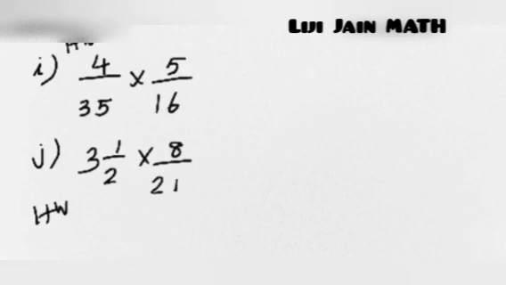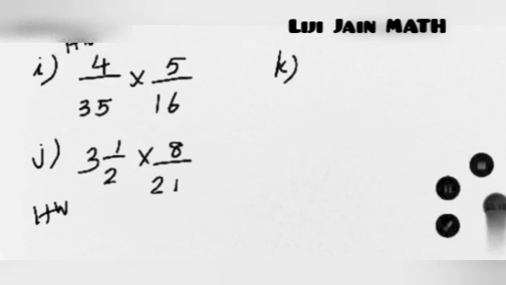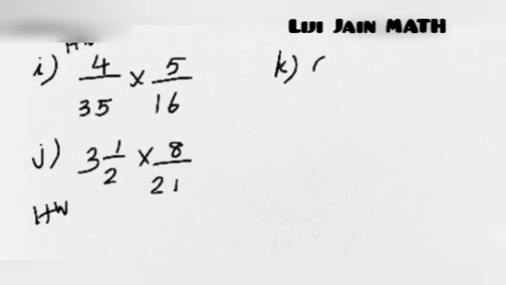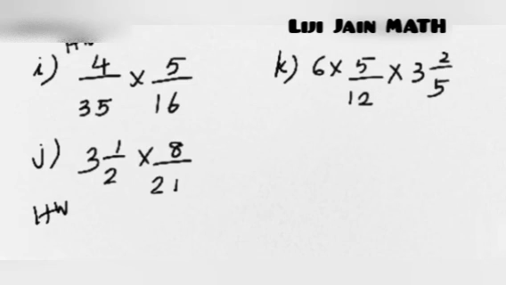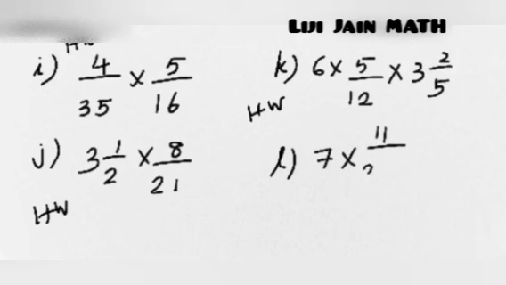K homework: 6 into 5 by 12 into 3 2 by 5. L also homework: 7 into 11 by 35. So 4 homeworks are there. Try to do.